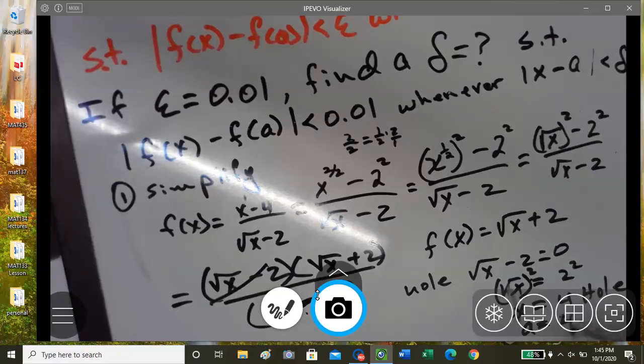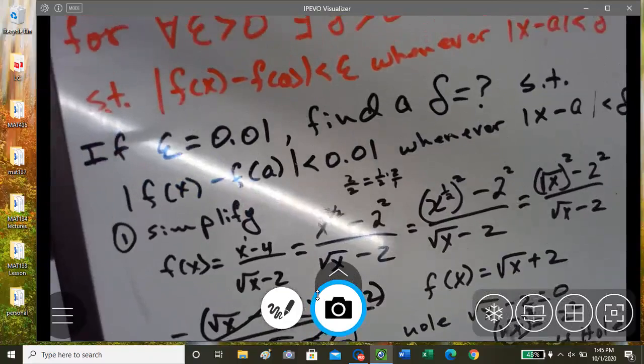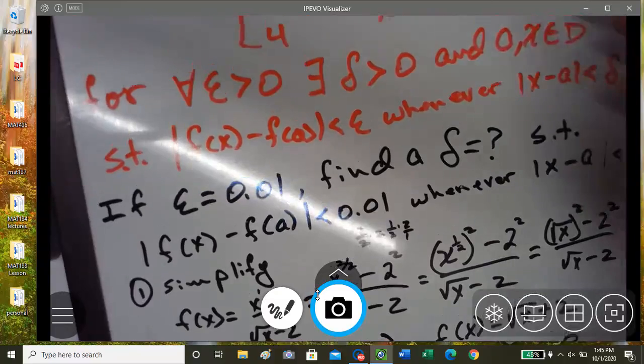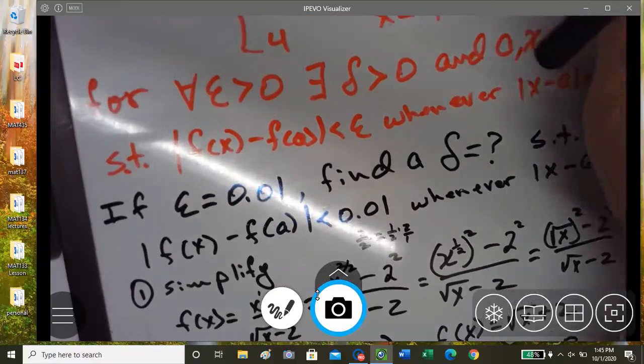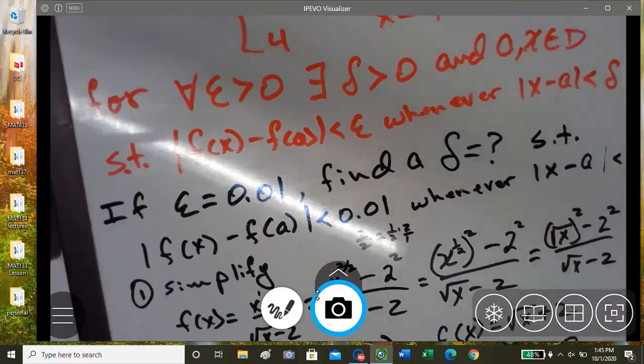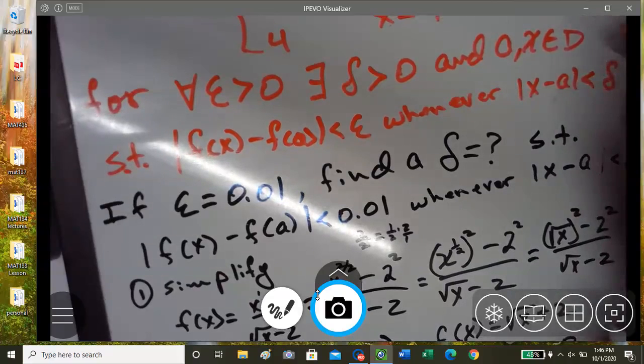Since our curve has a hole at 4, we want to see what our limit is at that hole. So that's our a.